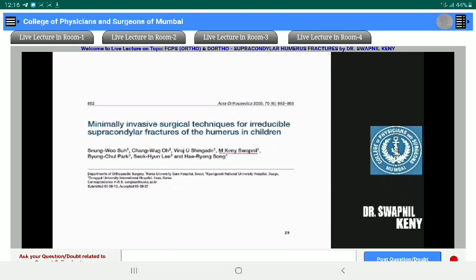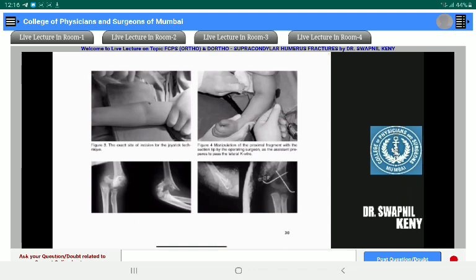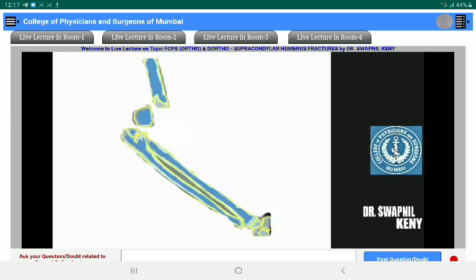In this technique, we do a minimal medial anterior open approach. We dissect out the soft tissues with the help of a suction tip. We then push the distal fragment in reduction to the proximal fragment, and manipulate the distal fragment with the help of K-wires to put the first lateral wire and get a reduction.